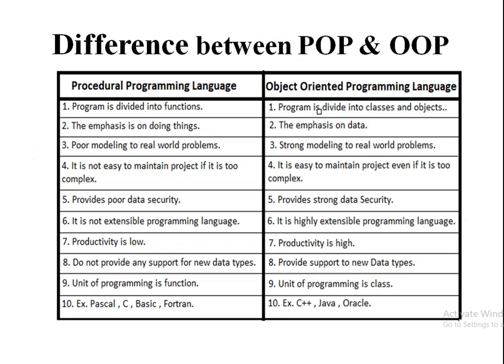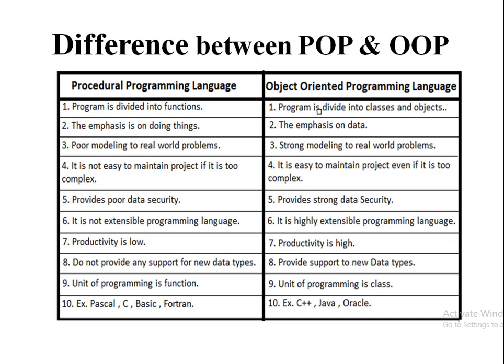Next, we can see the differences between procedure oriented programming and object oriented programming languages. In procedure oriented programming languages, programs are divided into functions, but in object oriented programming languages, programs are divided into classes and objects. It means procedure oriented programs only deal with methods and algorithms, but object oriented programming deals with classes and objects.